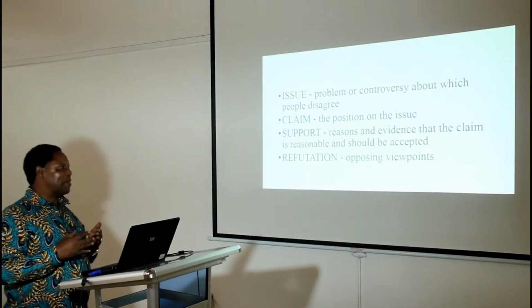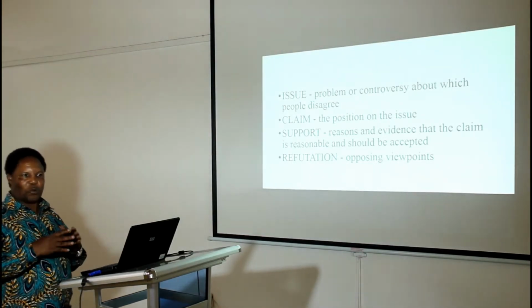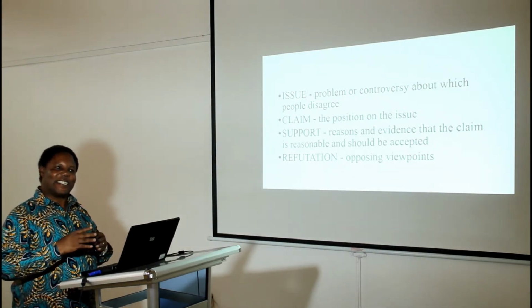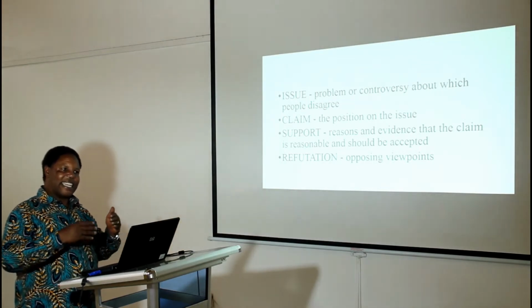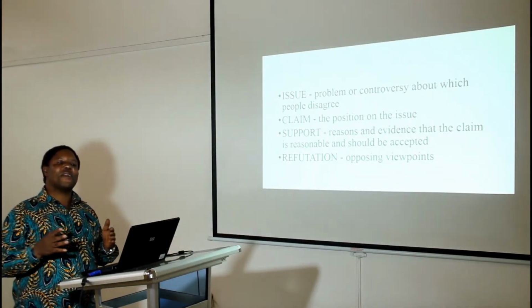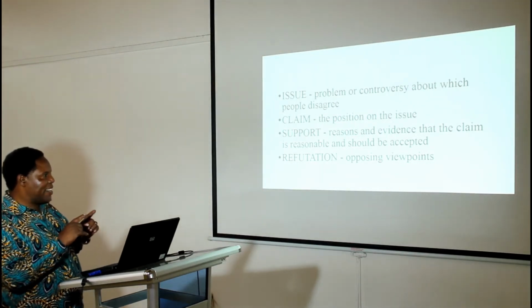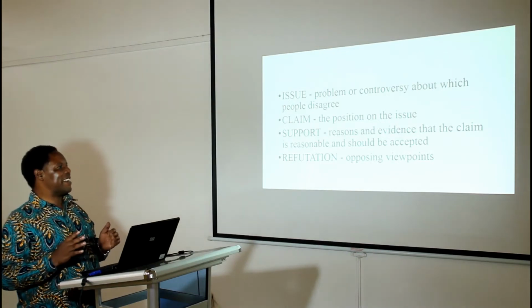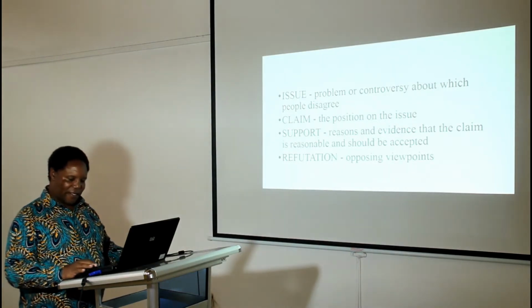Obviously, there might be different views. People see differently, and it is not necessary that when you see a certain thing in a certain direction, everyone will see the same. Therefore, we need refutation in order to make sure that people will understand differently, but going in the same direction.